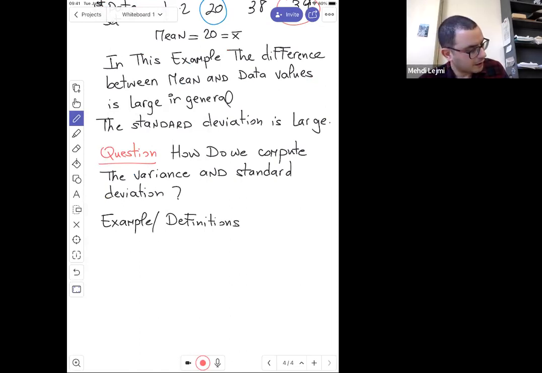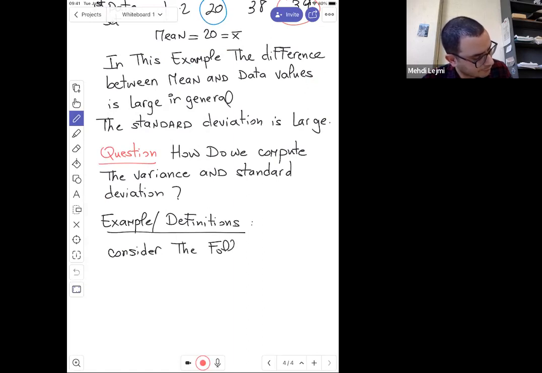All right, so we're going to consider the following data. Let's say we have, again, five numbers: 17, 19, 20, 27, and again 27.